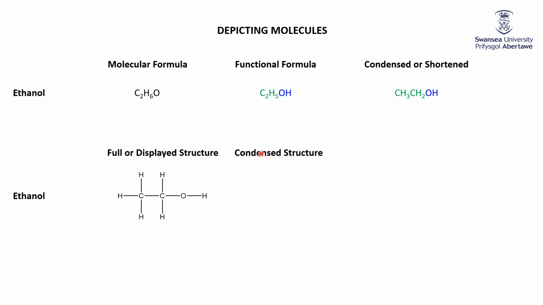But that's where here we're condensing from the full structure. So instead of worrying about the bonds to hydrogen, we just say, well, this carbon here's got 3 hydrogens on it, this one's got 2 hydrogens on it. But we do show the bonds between the carbons, and we also show the carbon atoms themselves. Again, not a bad way to draw it, but it can get really tedious after a while if you've got an awful lot of carbons and hydrogens in there.